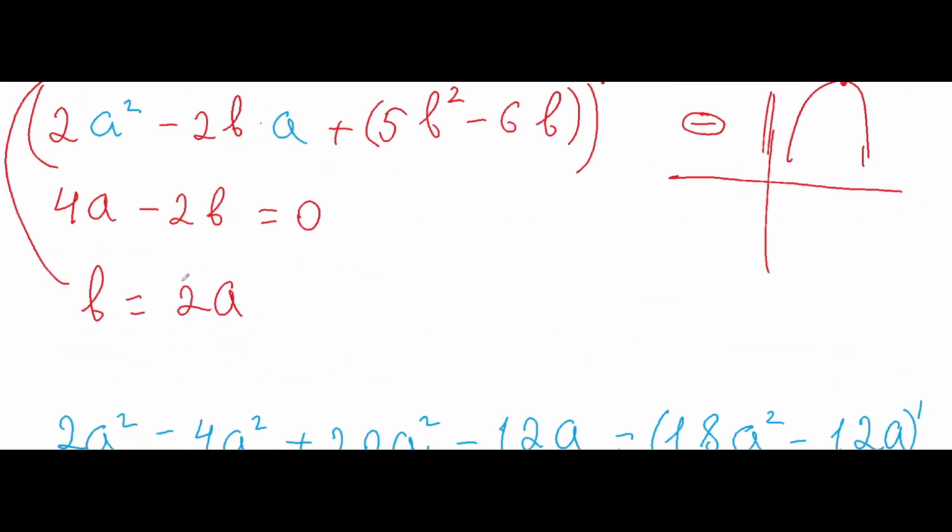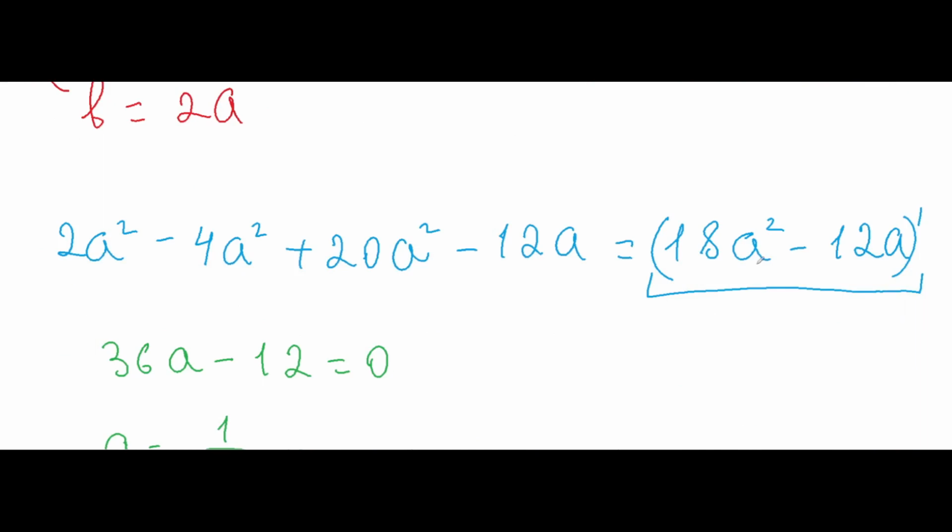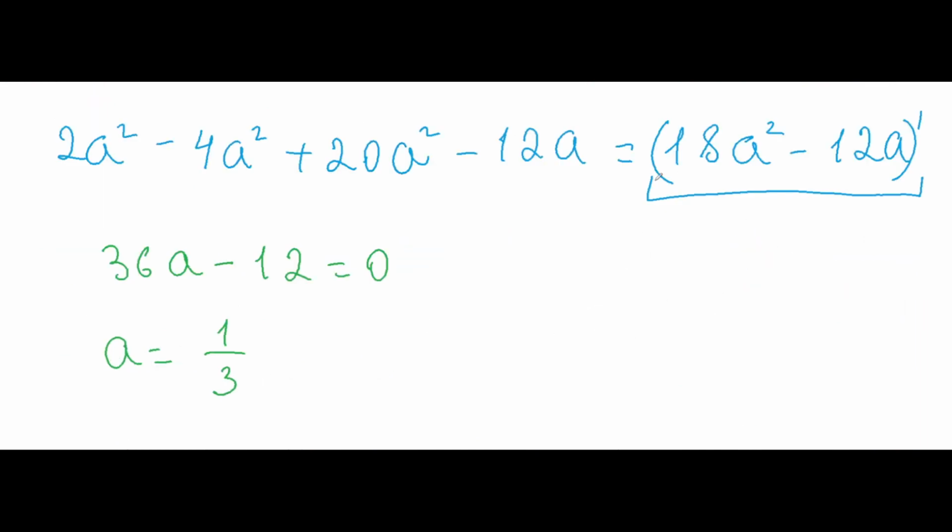Here, we don't have to put a, we will just put it here. We had the last expression, if we just think that it is our function, the last function. If we put 1 over 3 instead of a, we'll get 18 times 1 over 3 squared, which is 1 over 9, minus 12 times 1 over 3.